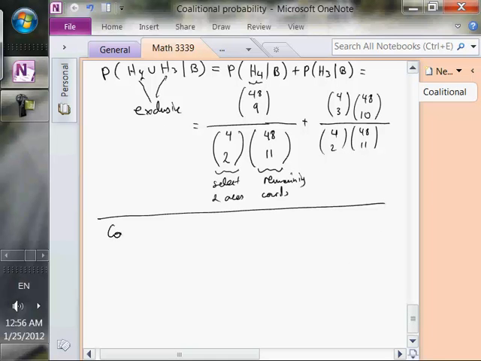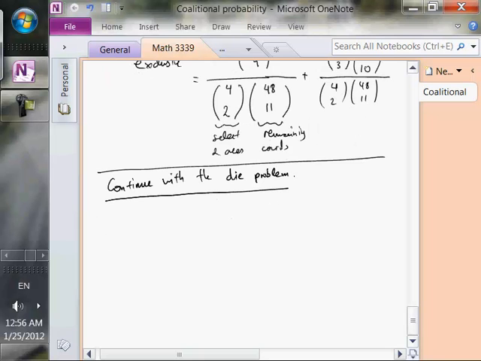So here we'll continue with the die problem, the Chevalier de Méré problem. We have the following pathology here.